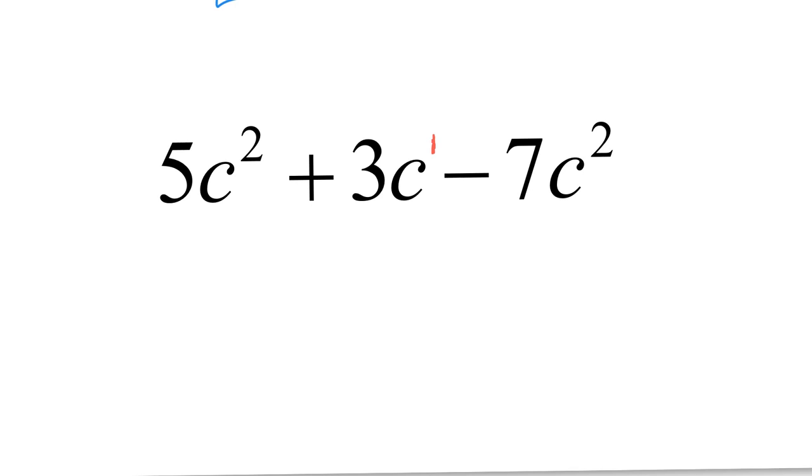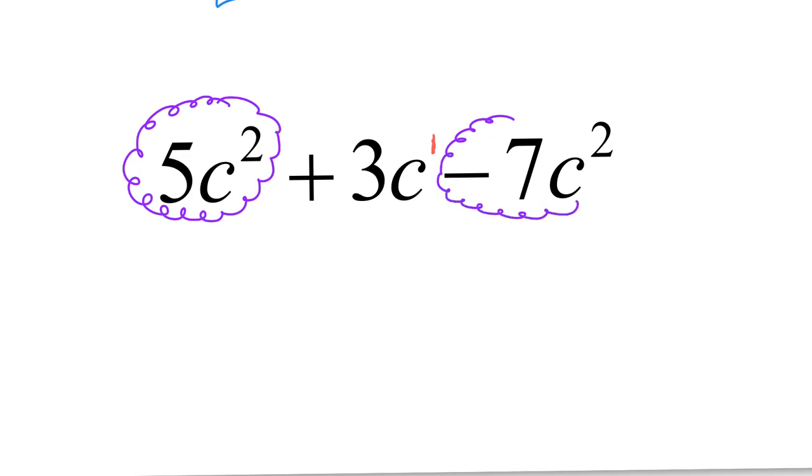So I'm going to use another shape here. I'm going to use a bubble to show you what I'm going to combine. So this positive 5c squared, it has a c with a squared, and the minus 7, yes, it is a negative, minus 7c squared. I'm going to combine those two bubbles. I have a 5c squared minus 7c squared.